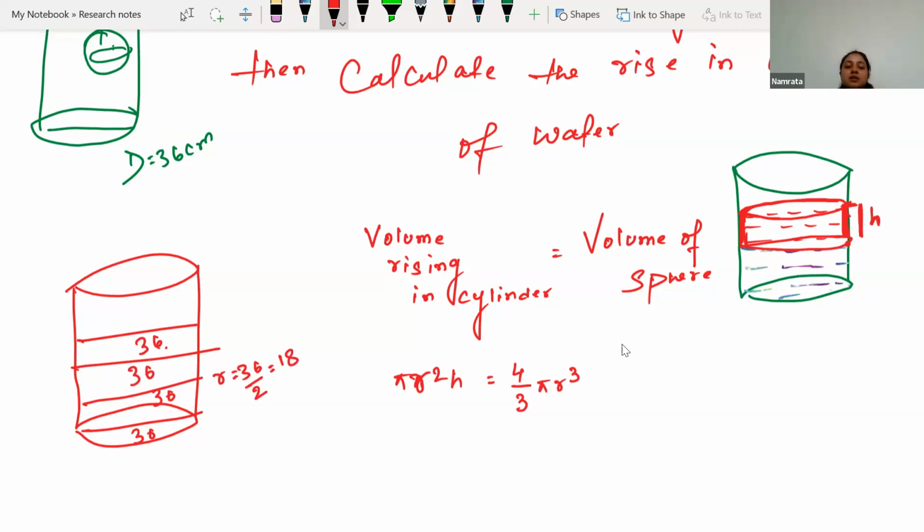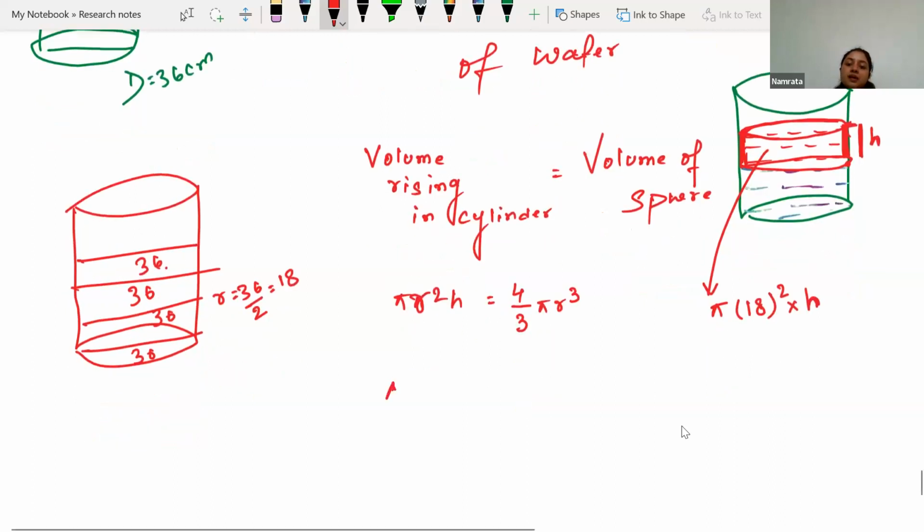Radius will be 18. So even if you are going to find this cylinder's volume, the volume of that red cylinder will be pi r square. Radius is the same throughout the cylindrical shape. That radius will be 18 square, and the height, let's say the height is h, because we don't know how much water is rising. So pi 18 square into h.